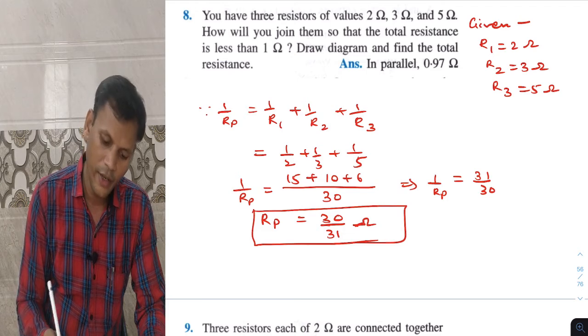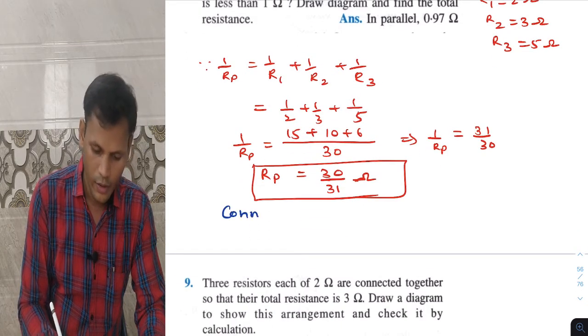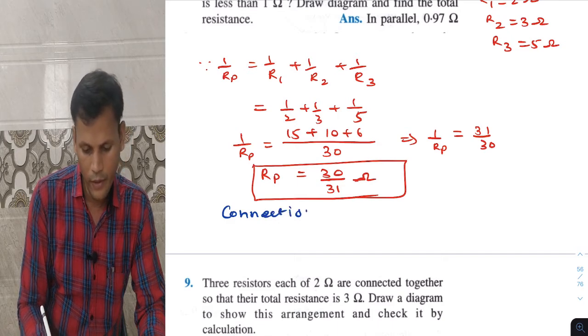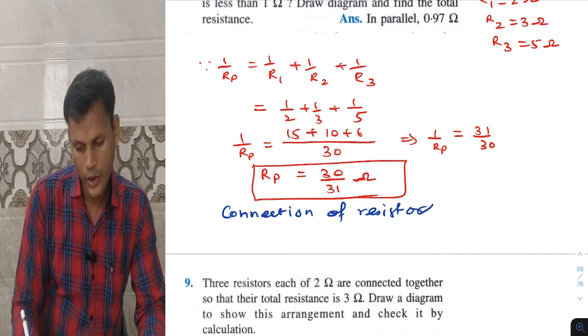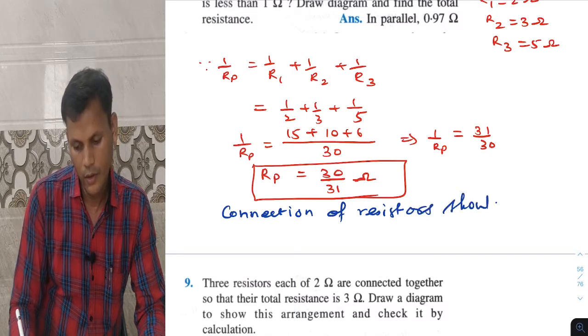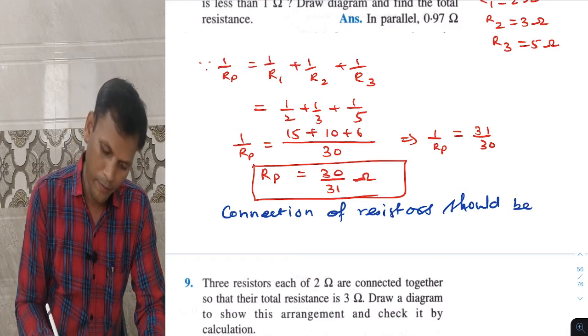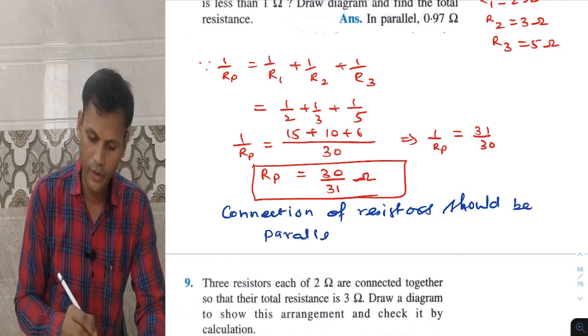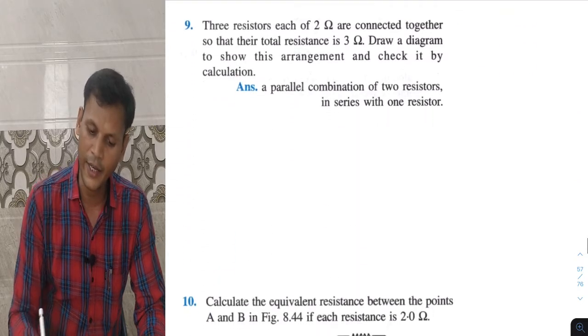So the connection should be in parallel. Second part we can write: connection of resistors should be in parallel combination.